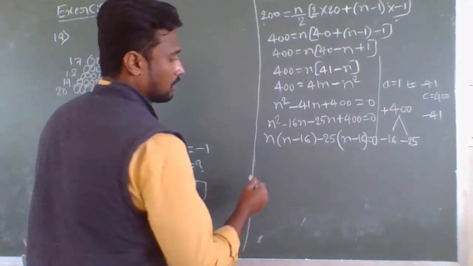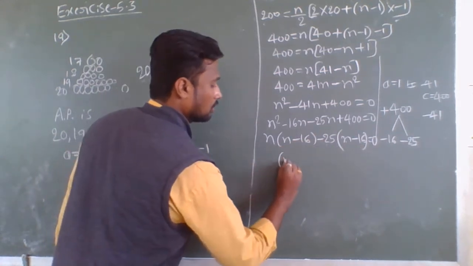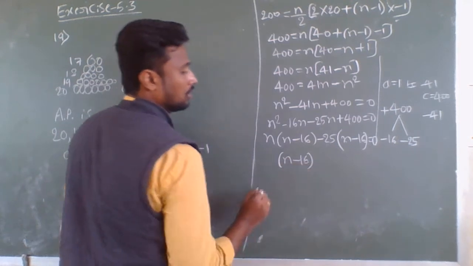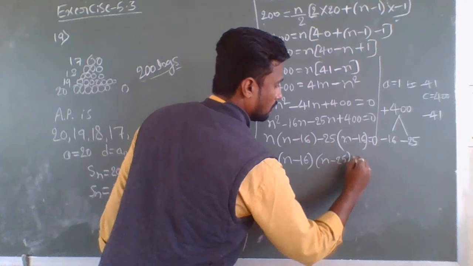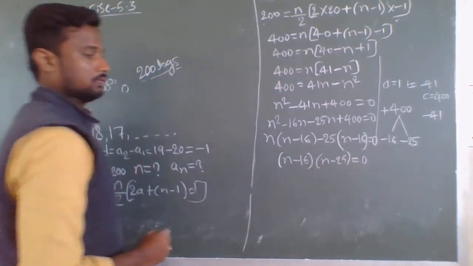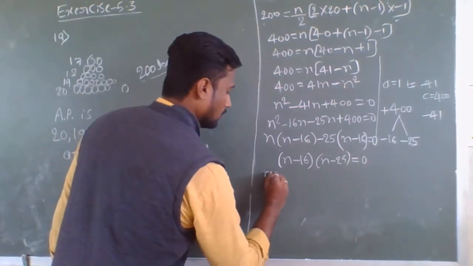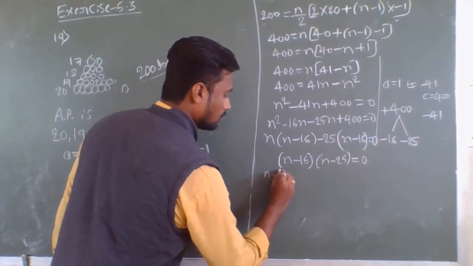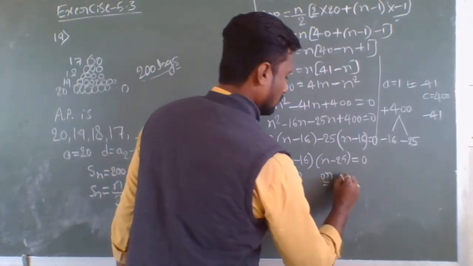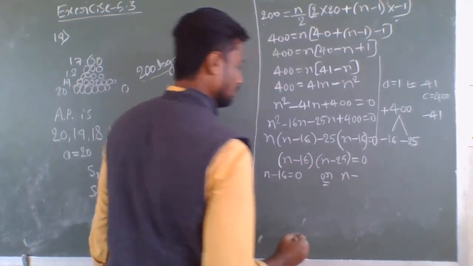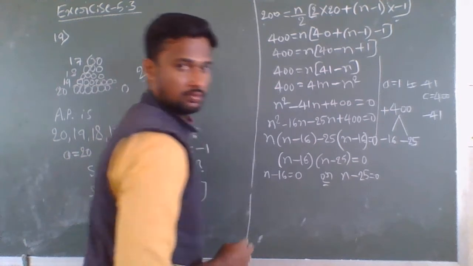So here also we got n minus 16, n minus 16. So n minus 16 is common, and n minus 25. n minus 16 into n minus 25 is equal to 0. So n minus 16 is equal to 0, or n minus 25 is equal to 0.